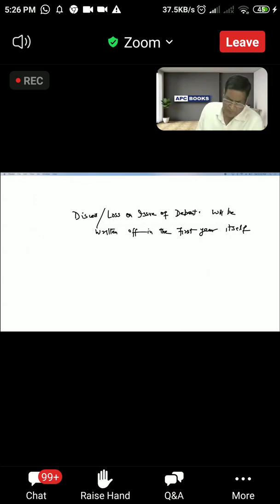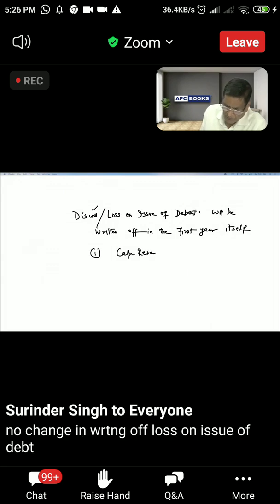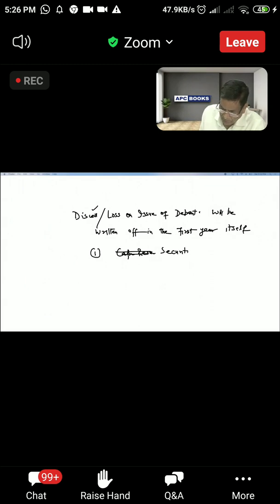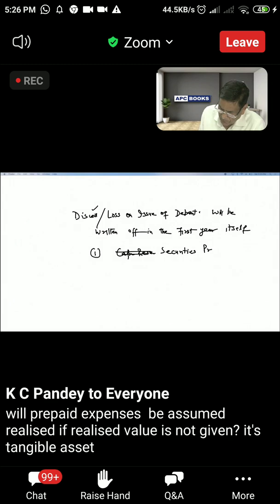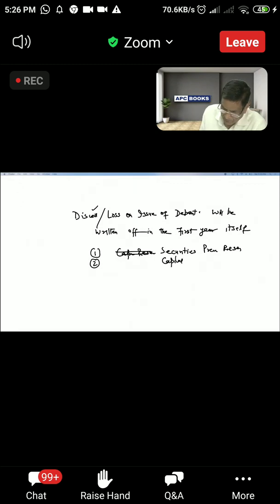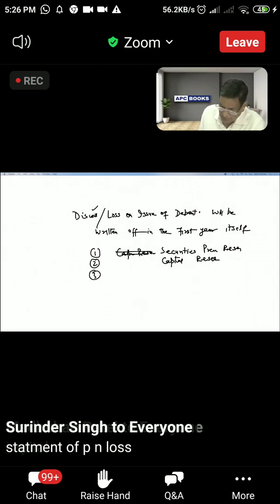Till now, we used to write off this discount or loss on issue from number 1, actually first from security premium reserve, number 2, from capital reserve, and number 3, from statement of profit and loss.